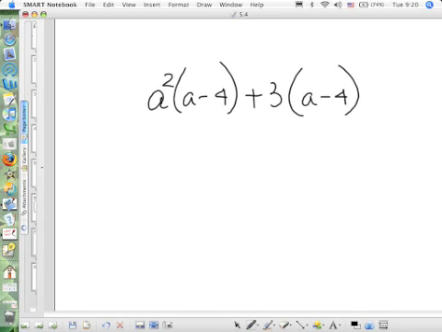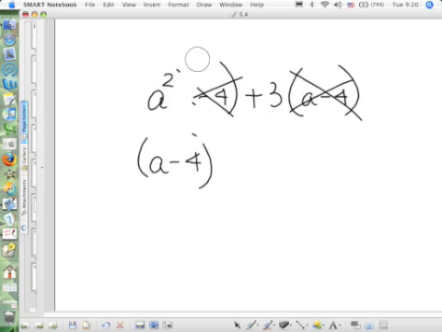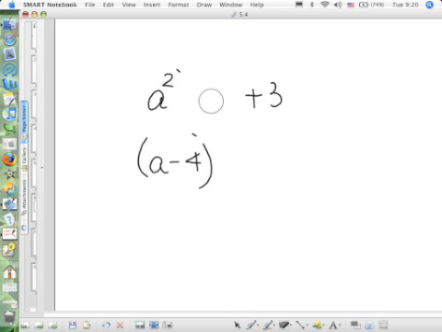Those are 2 terms. They both have this factor in common with each other. So I factor it out, and I divide it or remove it from that. Well, what's left? What's left when I remove it? A squared plus 3. Okay? So we set that in parentheses.